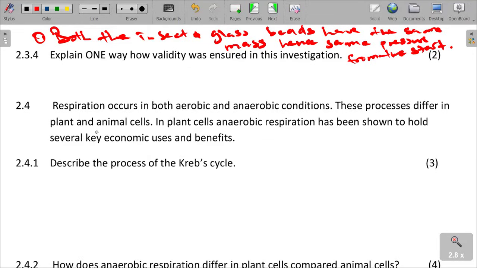You can also say that we have the control, which is also present.